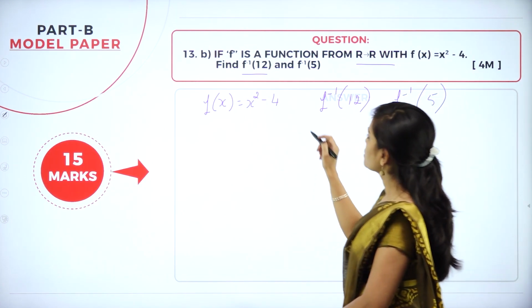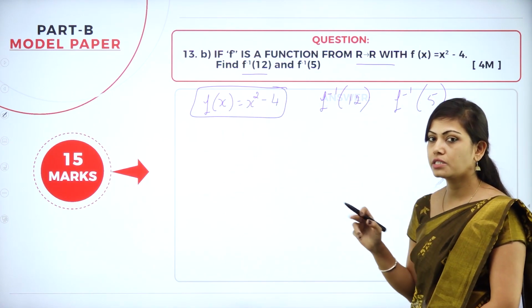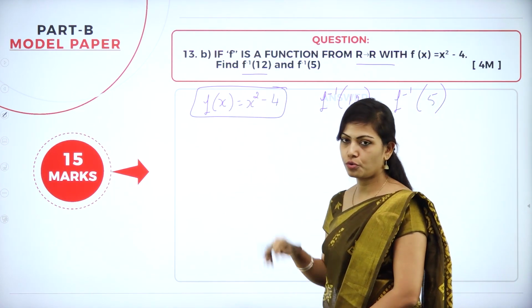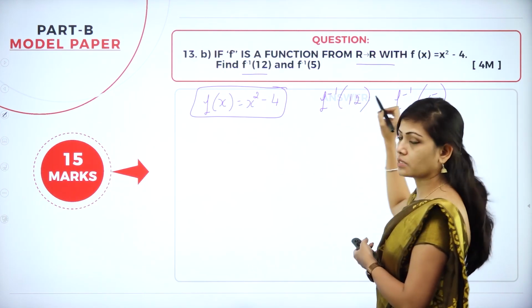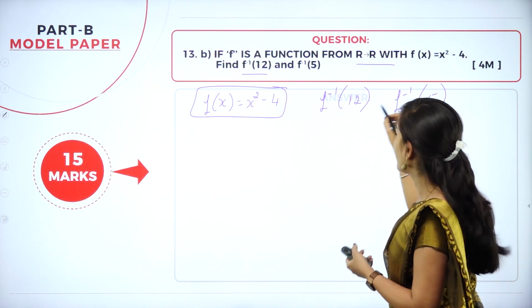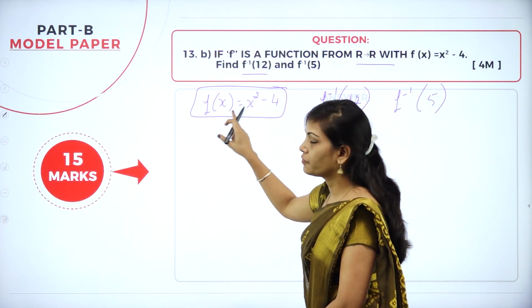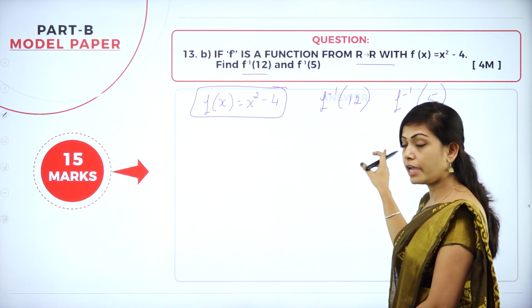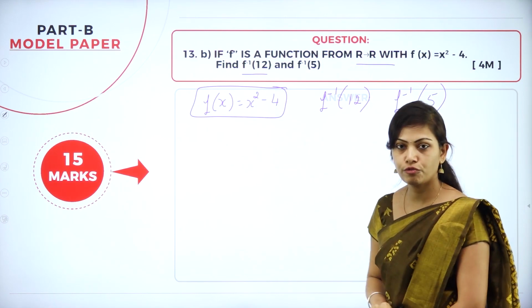Is it clear? So now this is our given question. f of x is equal to x square minus 4. So you have to find f inverse 12 and f inverse 5. So how do we find f inverse 12 and f inverse 5 for the given function f of x equal to x square minus 4?